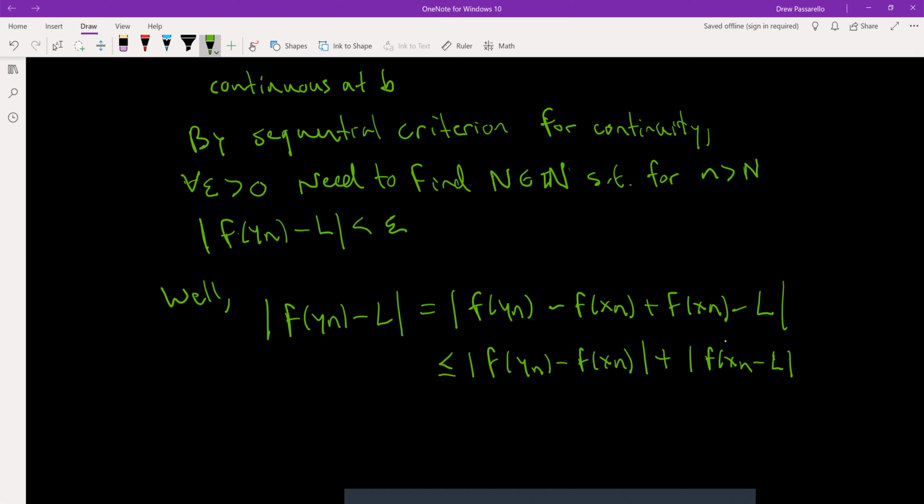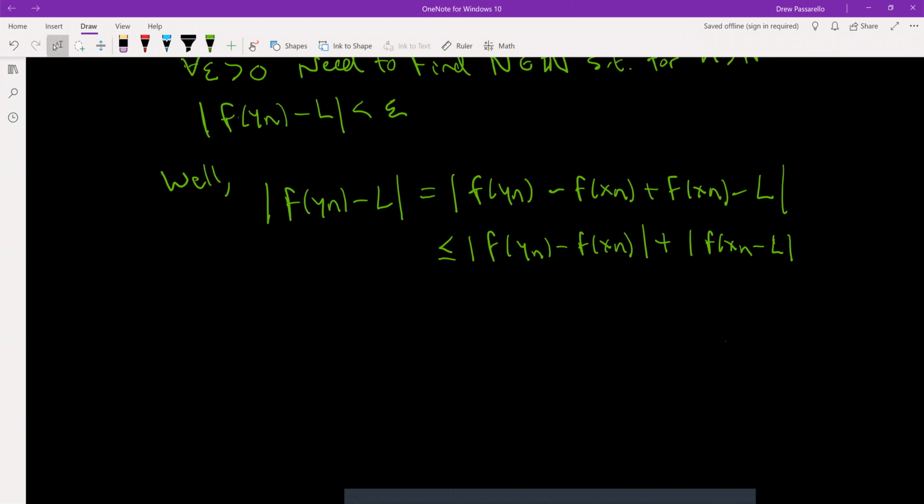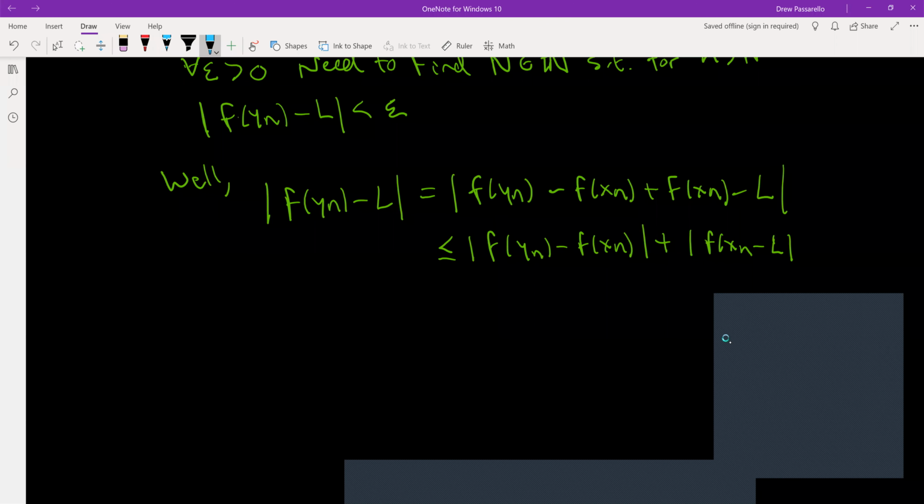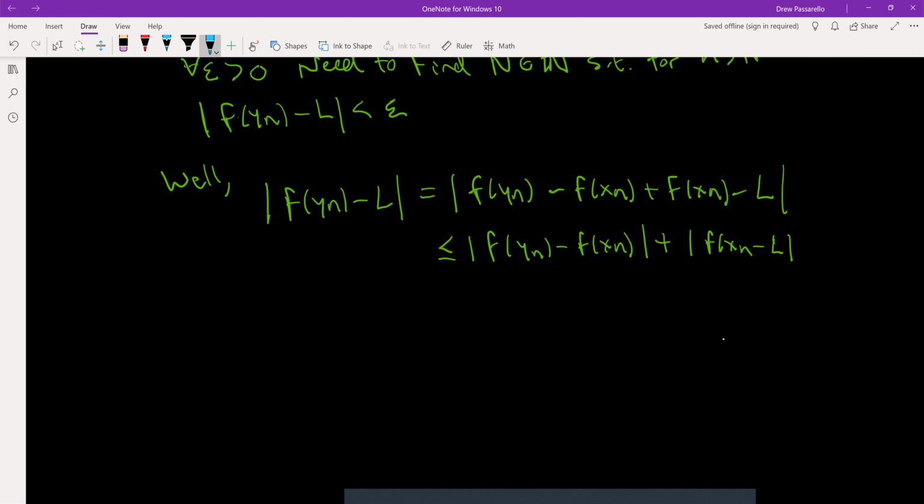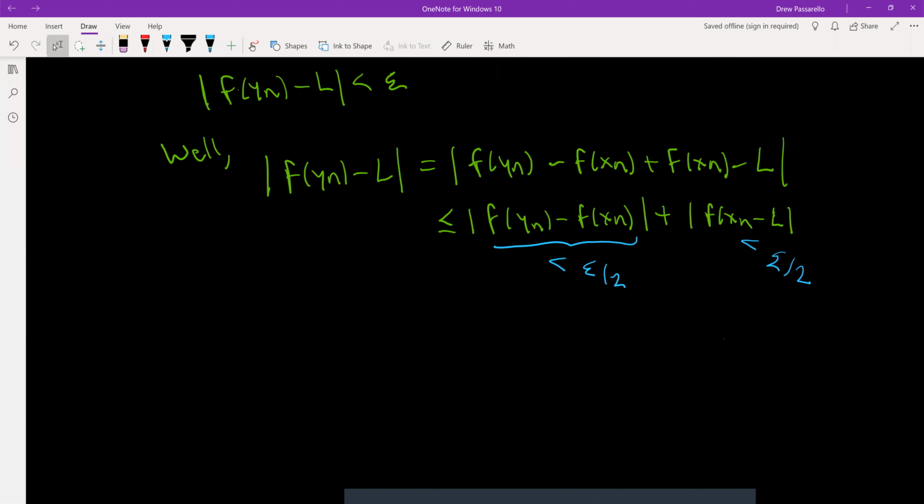Okay, so we need all of that to be less than epsilon. So what can we do? We essentially need to find a delta so that this first term is less than epsilon over 2, and then this second term also needs to be less than epsilon over 2. So the blue is sort of just my thought process. Okay, so how do we get this epsilon over 2?